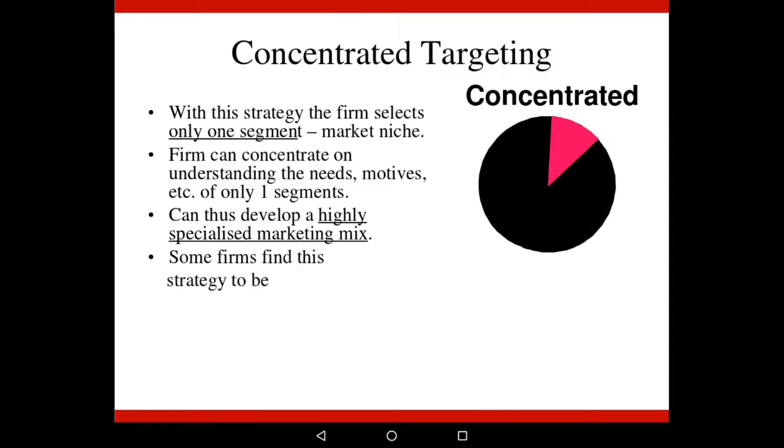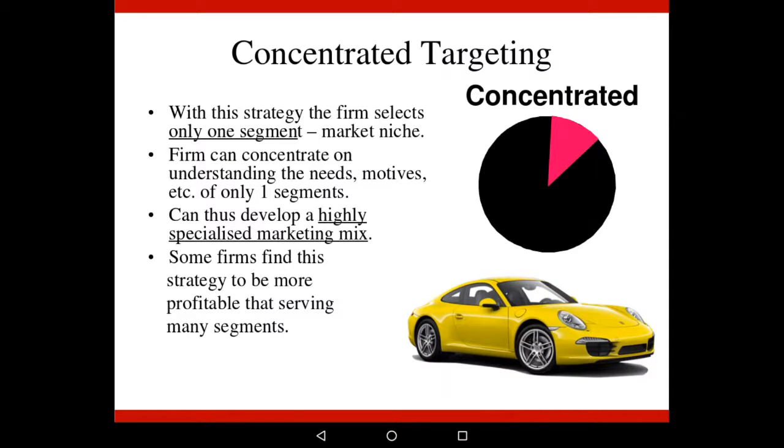Some firms find the strategy to be more profitable than serving many segments. For example, Porsche. They offer a high-end car to the high-end income market. They don't offer low-income cars and middle-income cars. They just offer one type of car, very expensive, very fast, very stylish. It's a niche market they focus on.